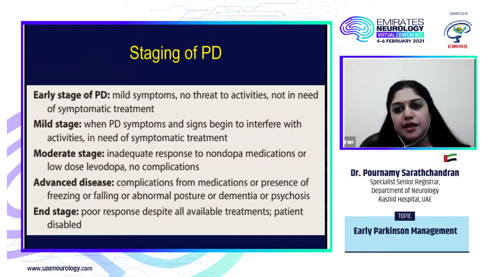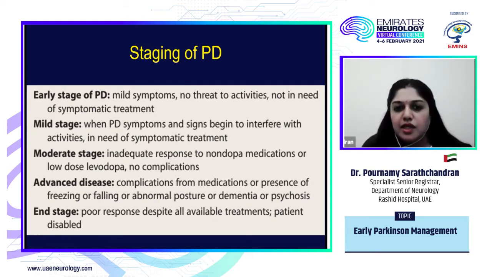However, there are other staging systems of Parkinson's disease also. Once they start having complications from medications, freezing, falls, a significant amount of cognitive dysfunction, they are termed as advanced disease. So the early stage is further divided into early, mild, and moderate stages.